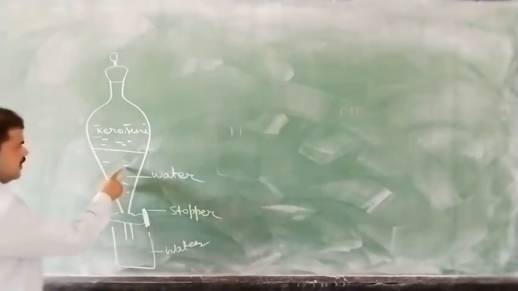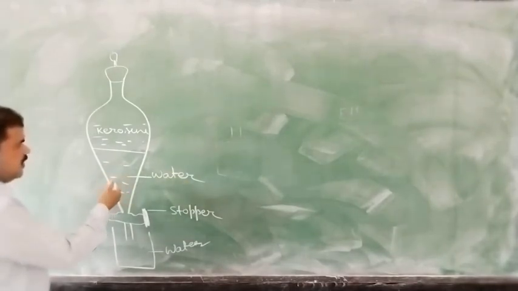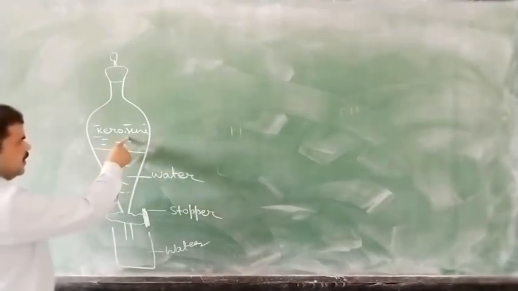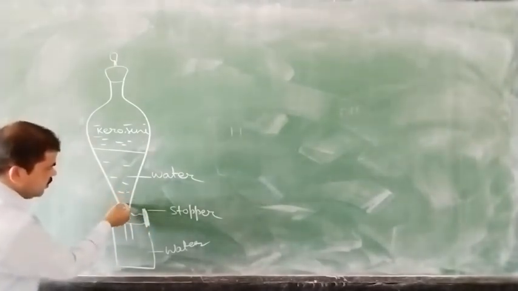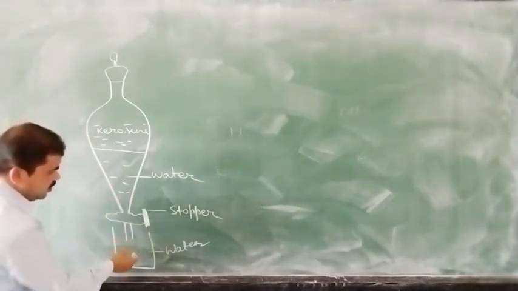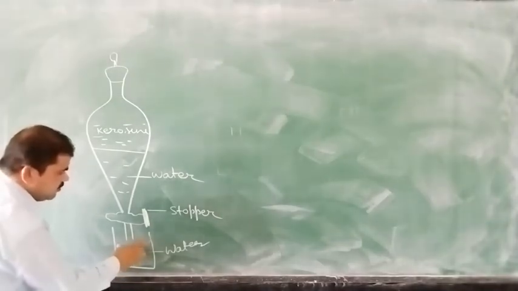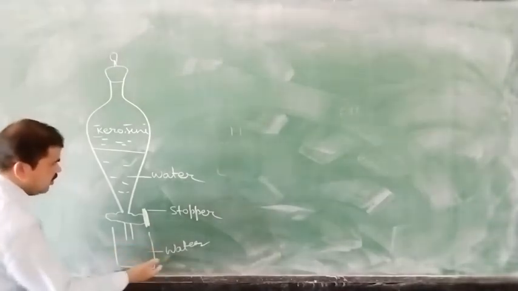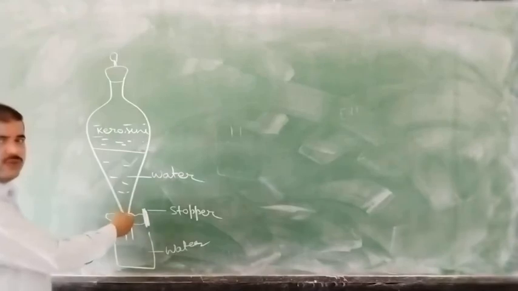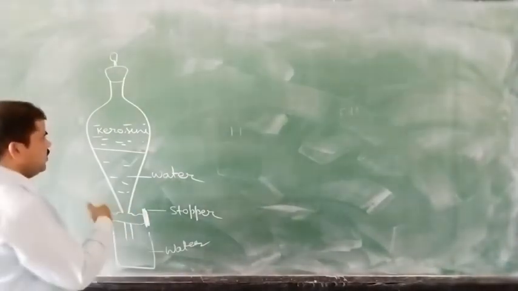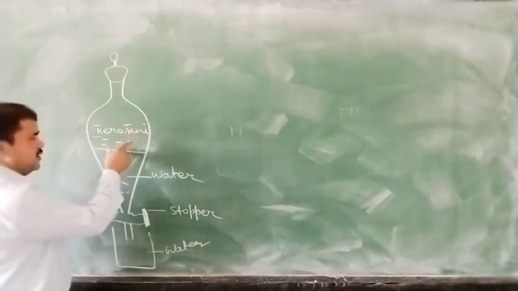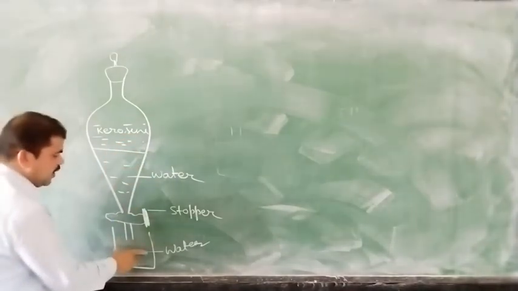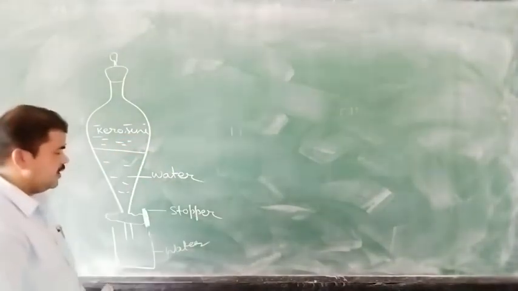This is the lower layer, water, and the upper layer, kerosene. When we open the stopper, water comes out. When all the water is collected in the other container, we close the stopper. The kerosene remains in the separating funnel.